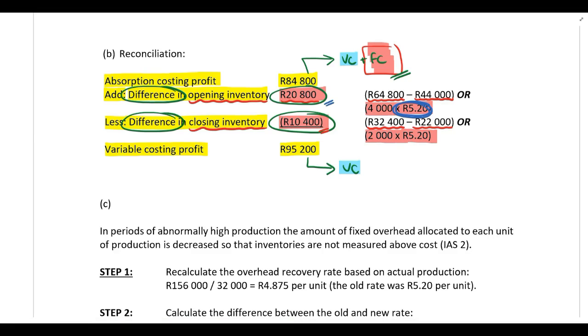All right, so please make sure you can prepare this reconciliation. You can reconcile the difference in profits between the two approaches, and please make sure that you understand the only reason for the difference in profit between the two approaches is because of your fixed costs that are sitting in opening and closing inventory.